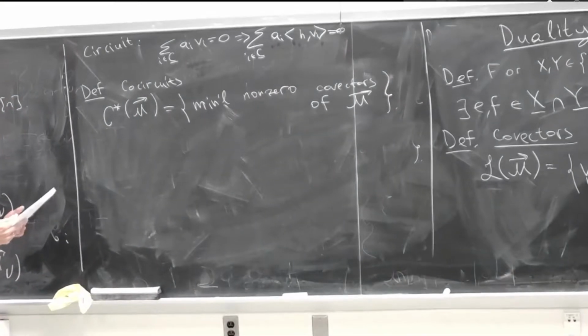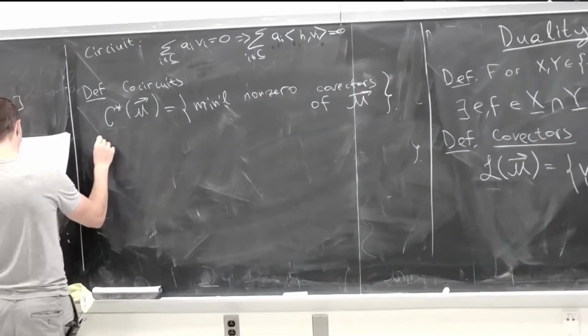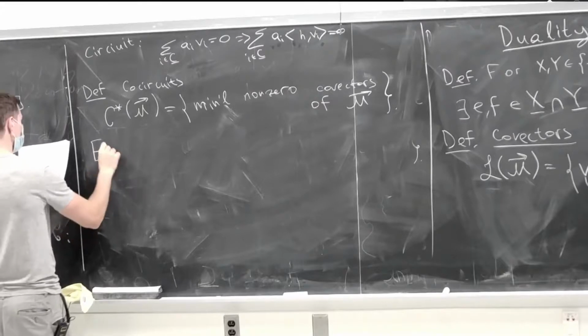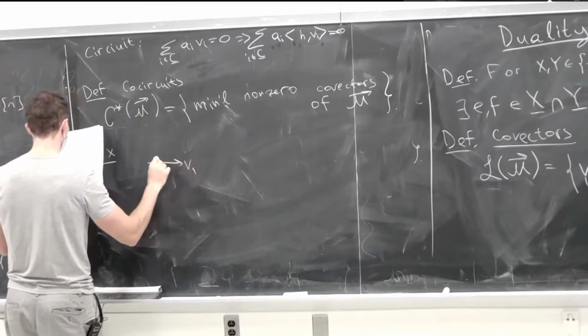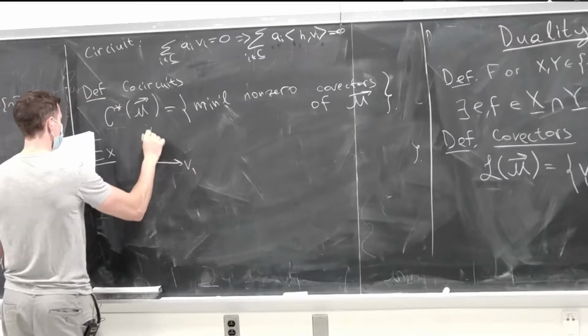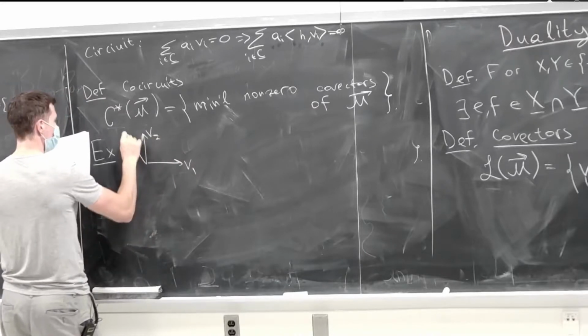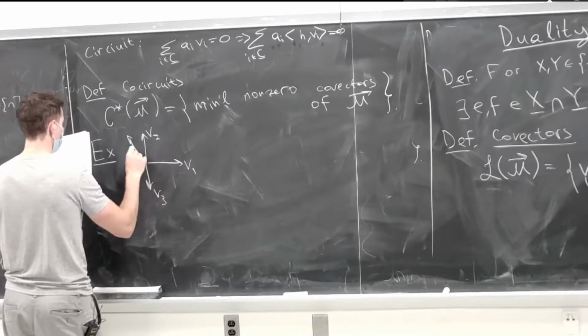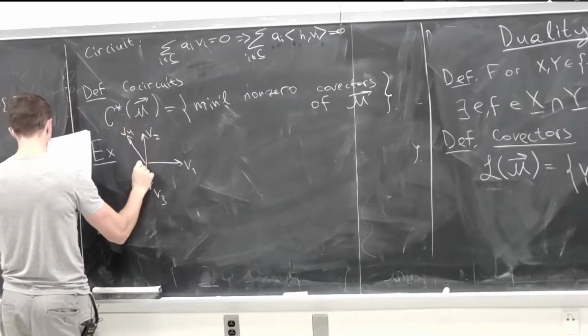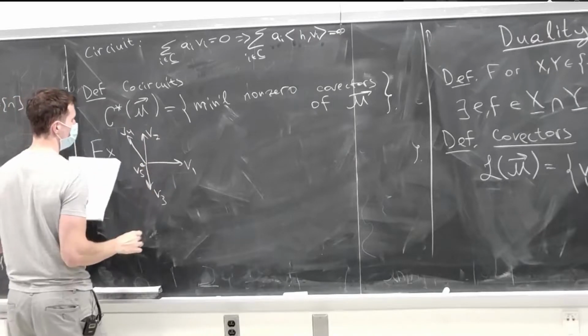Maybe I should try another example. Let's say I draw a picture for you, and then you tell me all the circuits. V1, V2, V3 is negative V2, and V4 is here, and then V5 is here.